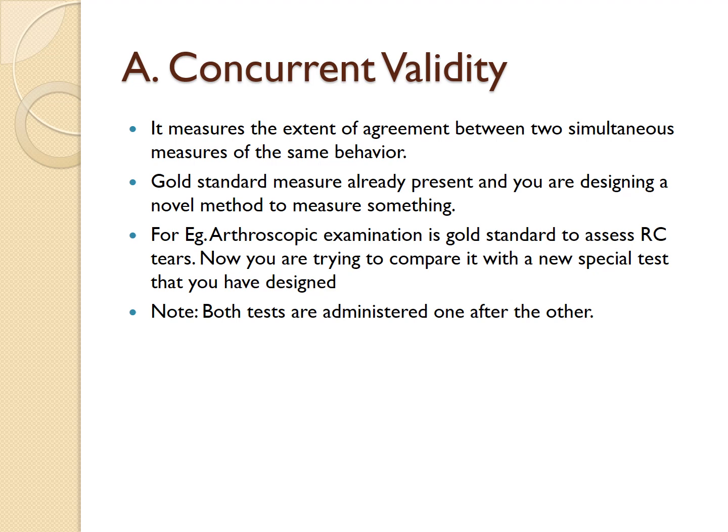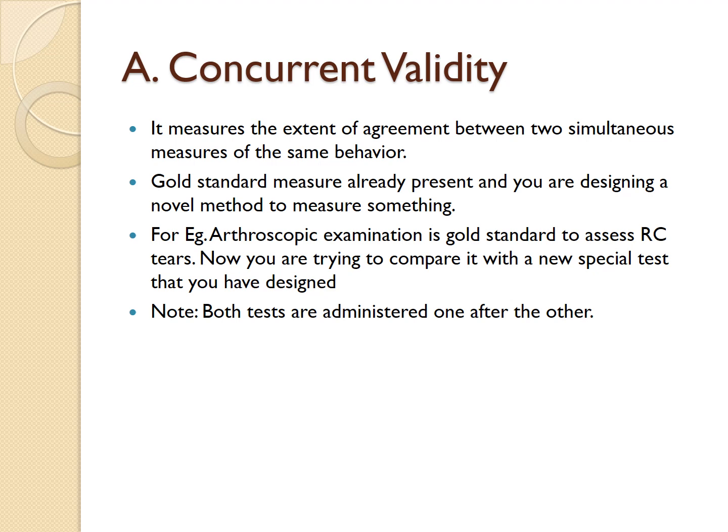Concurrent validity measures the extent to which there's an agreement between two simultaneous examinations for the same behavior. For example, let's say you're designing a new special test that will detect rotator cuff tears at an early stage. You do that special test, and then you do the gold standard, let's say arthroscopic examination, in those patients.